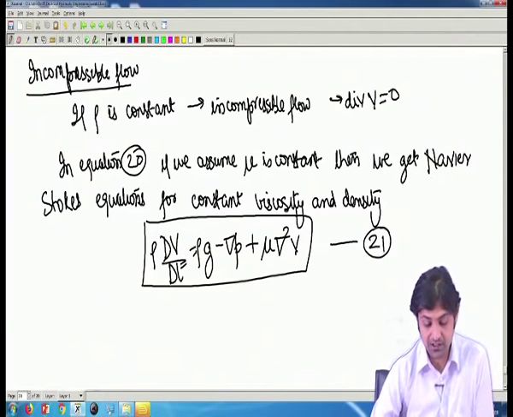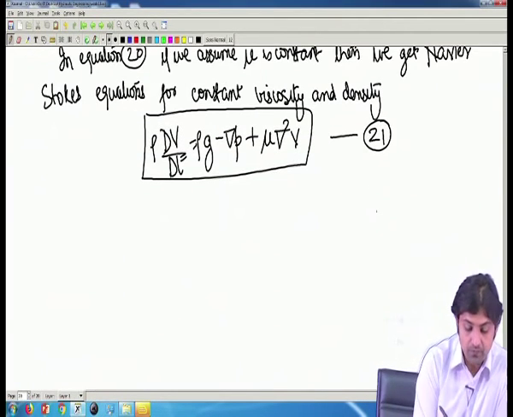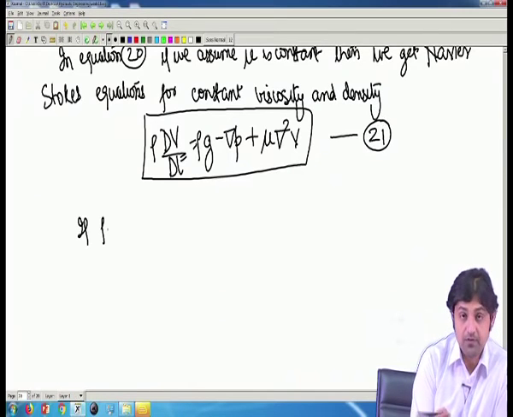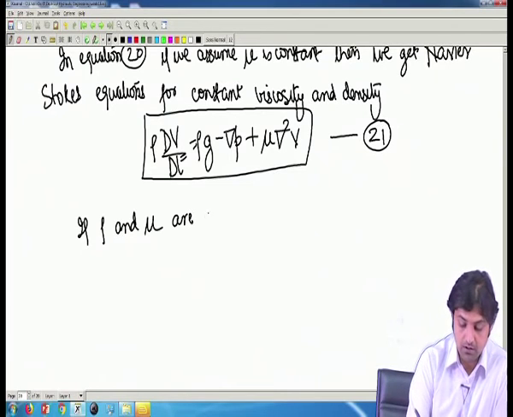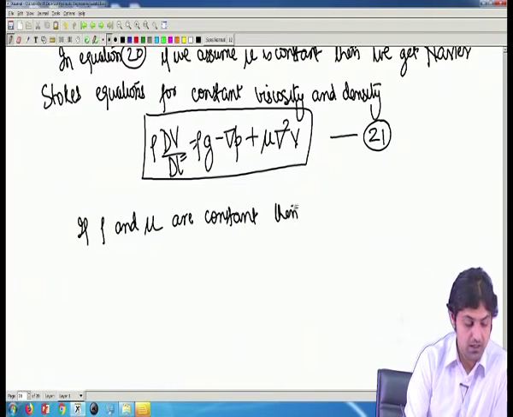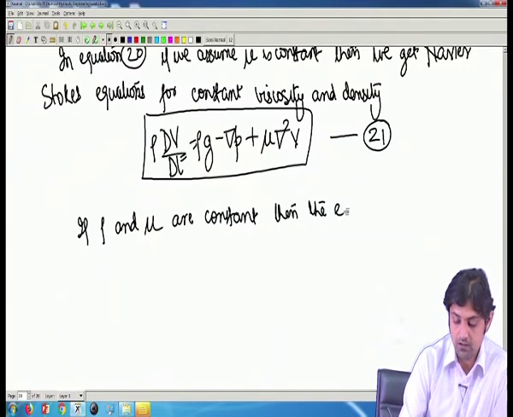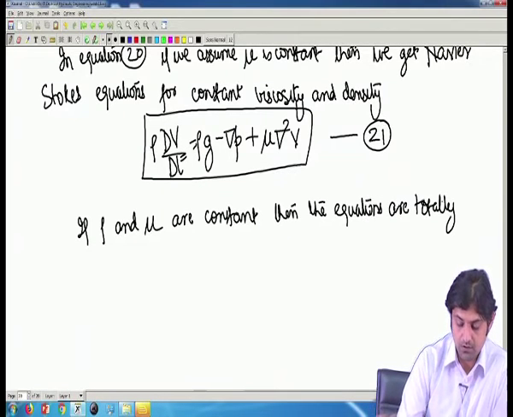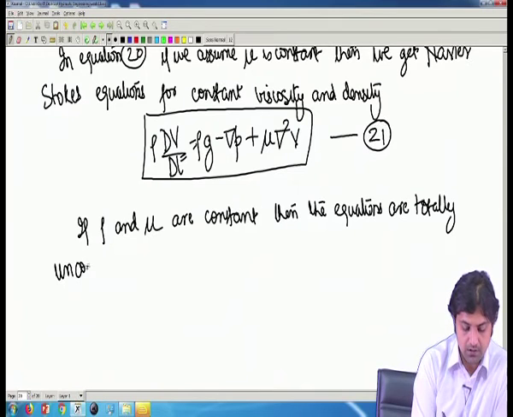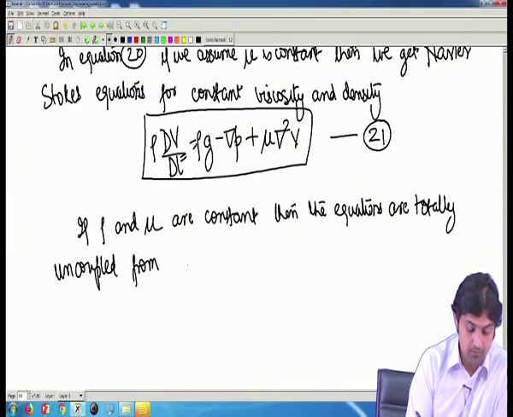So, one important thing to note is, we know from before, if rho and mu are constant, then the equations are totally uncoupled from temperature, correct?